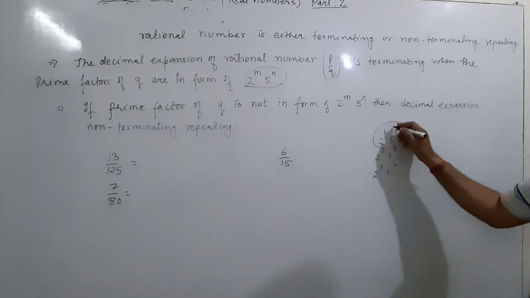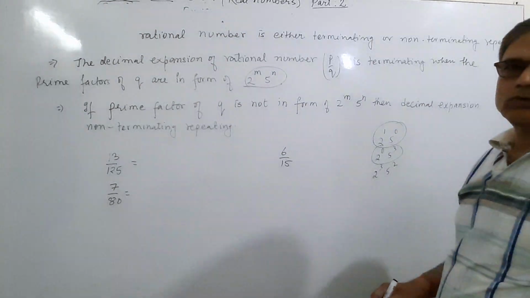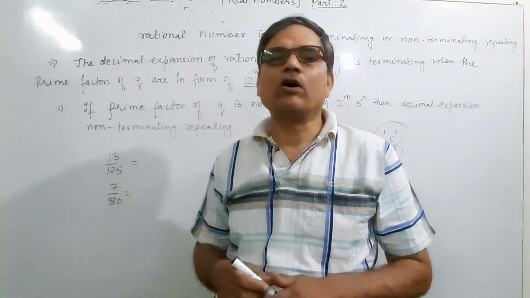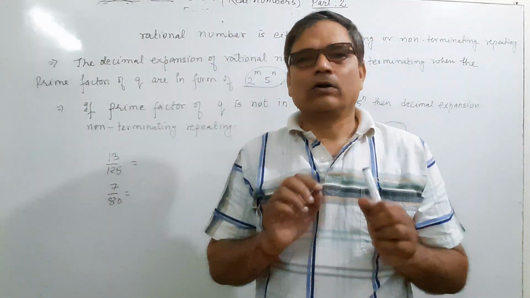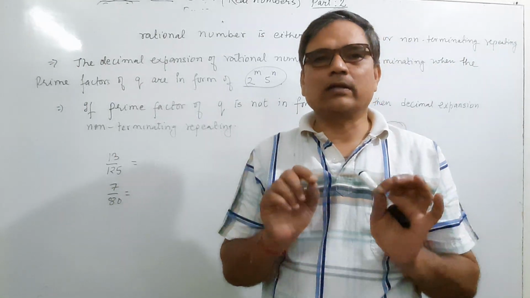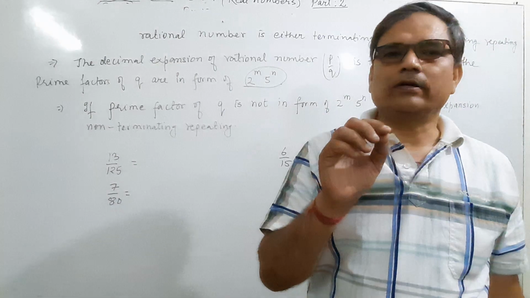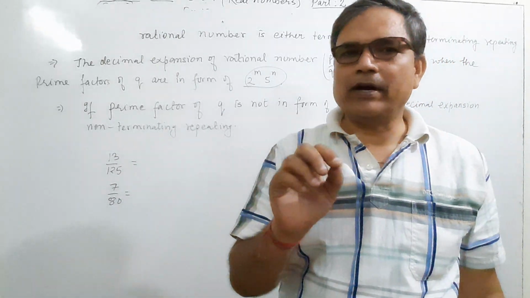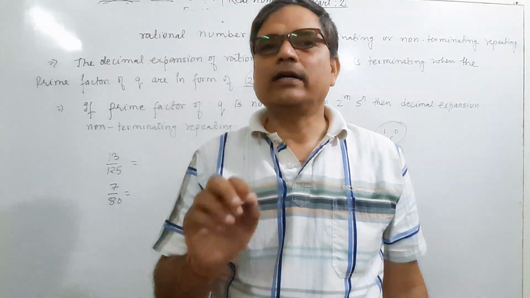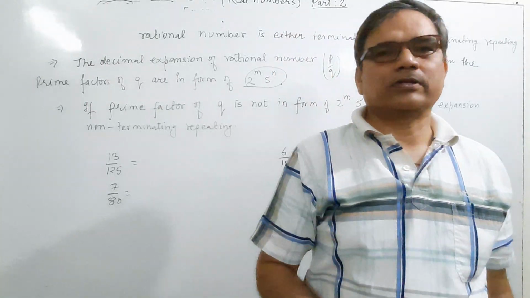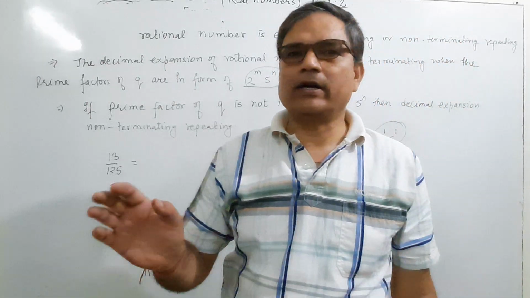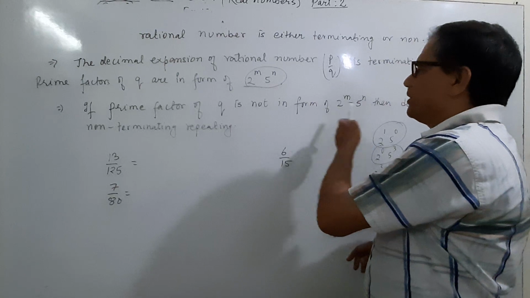It contains only 2, or only 5, or both 2 and 5, and no number other than 2 and 5. If the factors of Q are only 5 and 2, then it is a terminating decimal expansion. Otherwise, if the factors are not in this form, it is a non-terminating repeating decimal.